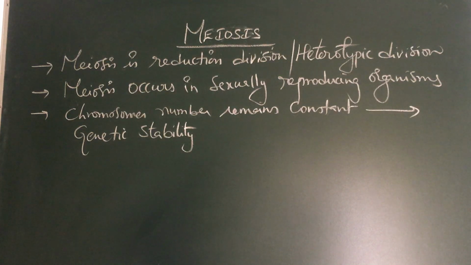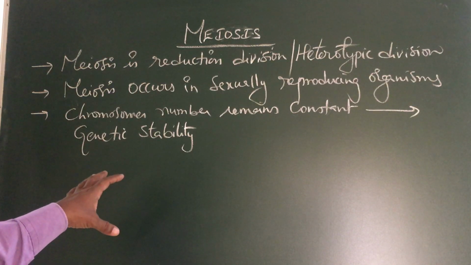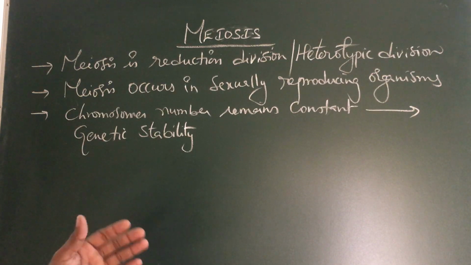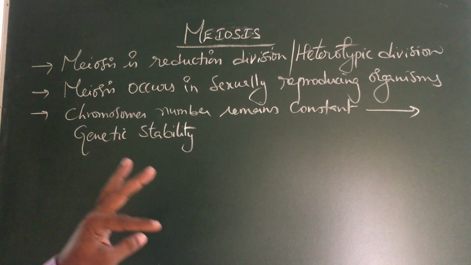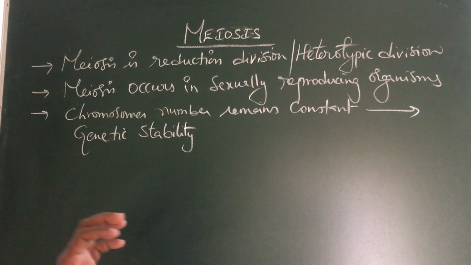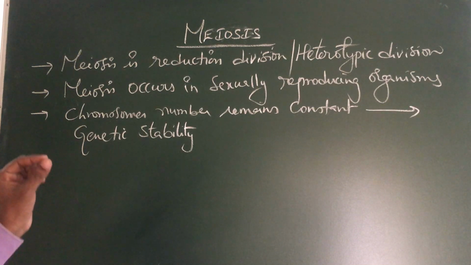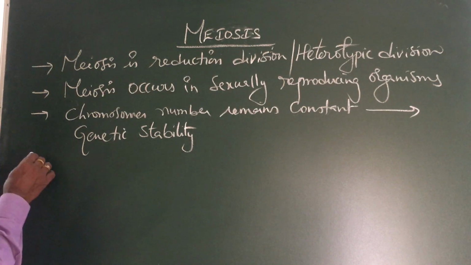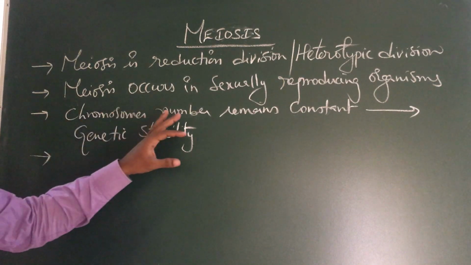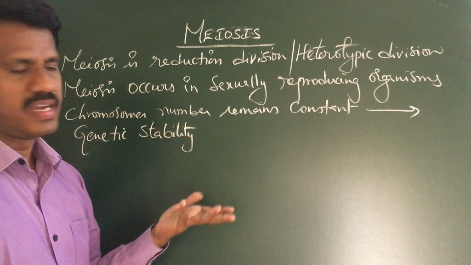The chromosome number is doubled during fertilization, which is reduced. The content of the DNA which is doubled will be reduced to half by meiosis during the formation of gametes. Listen, whatever I told you, in the S phase we see replication of the DNA.